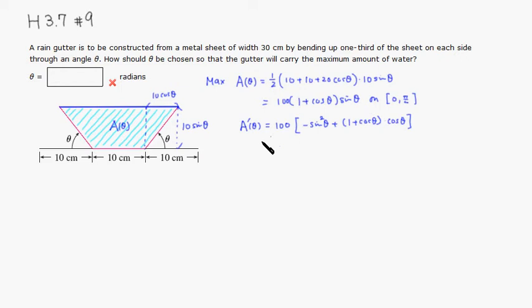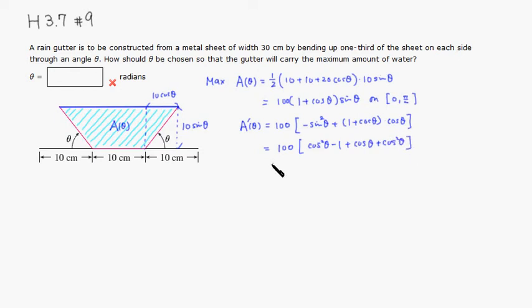So what we get is 100 times: negative sine squared of theta, which is equivalent to cosine squared of theta minus 1, and here cosine is distributed, so it's cosine of theta plus cosine squared of theta.